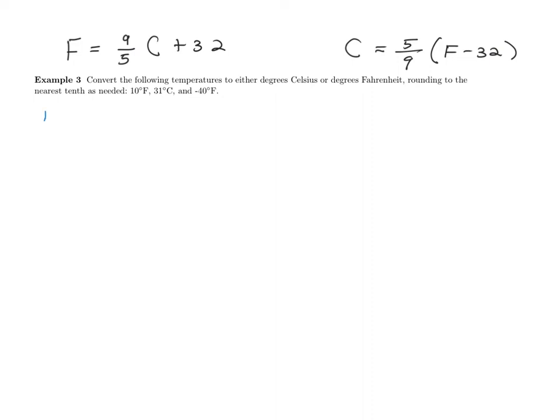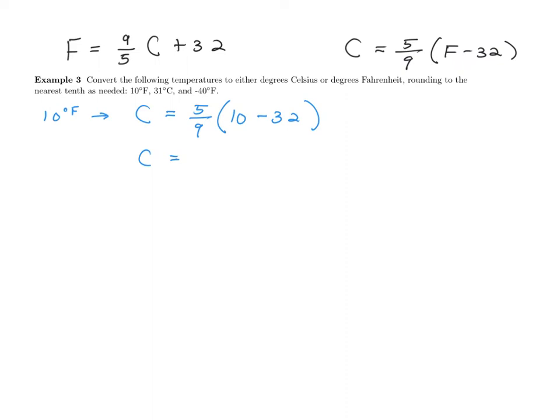So, for 10 degrees Fahrenheit, if I go to the formula, C is equal to 5/9. I'll put 10 in place of F and subtract 32. Let's see, 10 minus 32, we're going to get a negative number here.